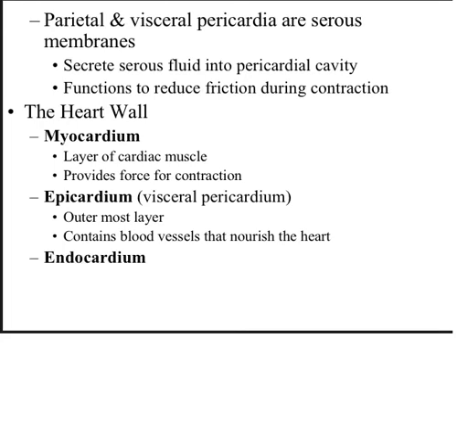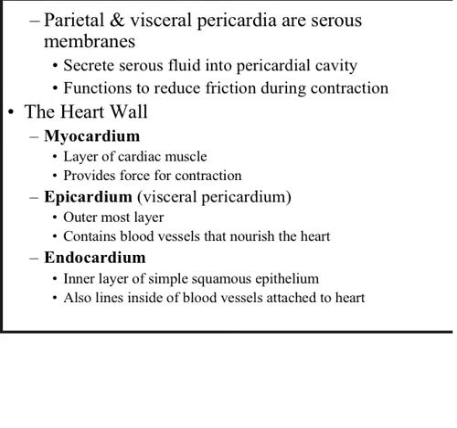And then the endocardium, which is the inner layer of the heart chambers, is made up of simple squamous epithelium. This also lines the insides of the blood vessels that are attached to the heart. Endocardium is special because it has the ability to repel the formed elements of blood so that they don't snag and rupture and release their contents, just as the linings of the blood vessels do.